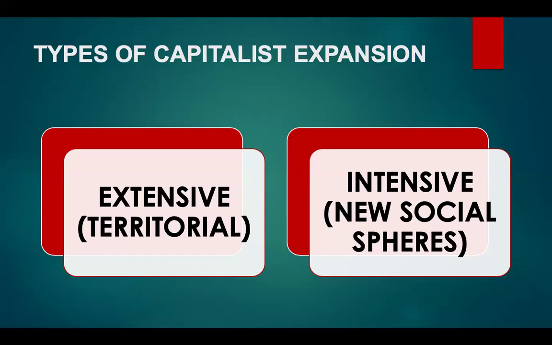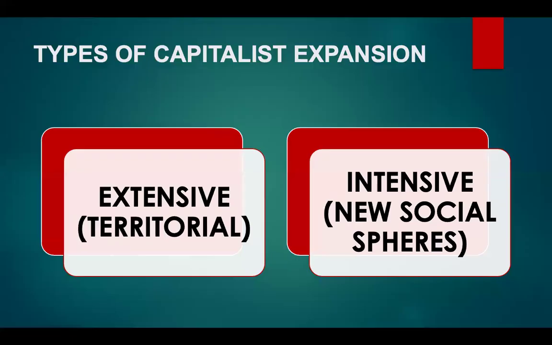Some of the positive effects of intensive expansion can be increased efficiency and productivity. It creates new industries and services. Some of the negative effects can be increased worker exploitation and job insecurity, and it expands capitalism into personal life and social relations.